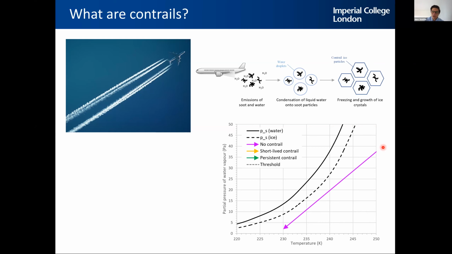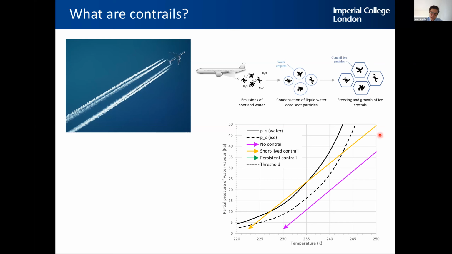As the plume cools and gets diluted, the temperature decreases, the partial pressure of water vapor decreases. But if the plume cools in such a way that it crosses the saturation line with respect to water, then you can get condensation of water onto the soot particles.